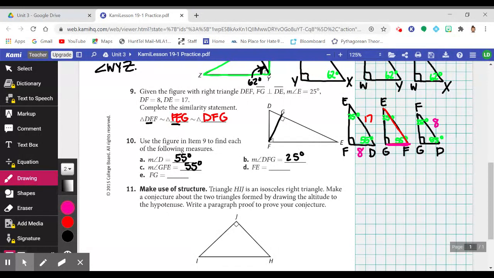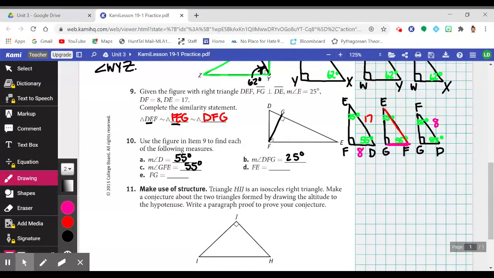Something I just realized is staring at me right in the face. If we know two sides of a right triangle, we can find the third using the Pythagorean theorem. So let's do that now to find the third. So even if we don't use the similar triangles at all, we can find this third side because we have two sides of a right triangle.